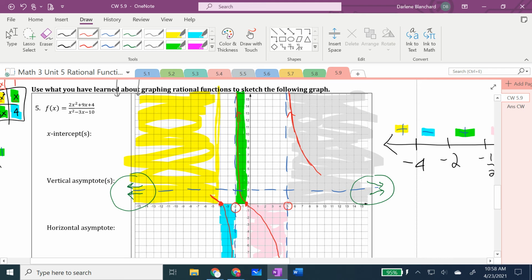Now, listen very carefully about what I'm expecting. I do not expect you to be entirely sure whether you are above or below the horizontal asymptote. Just show that it's basically heading toward it, and that is enough.